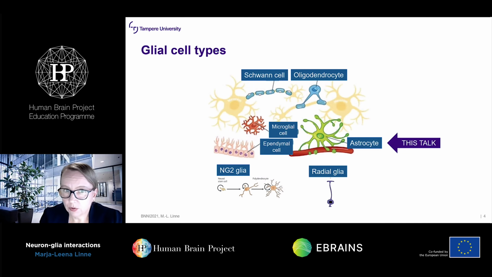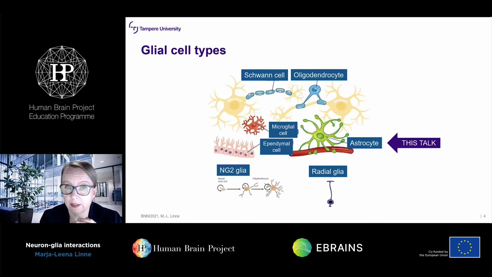So it is important to know that there are different types of glial cells in the brain and in the nervous system. In the peripheral nervous system, there are Schwann cells, and in the central nervous system, oligodendrocytes that make up the myelin and, for example, speed up axonal conduction.